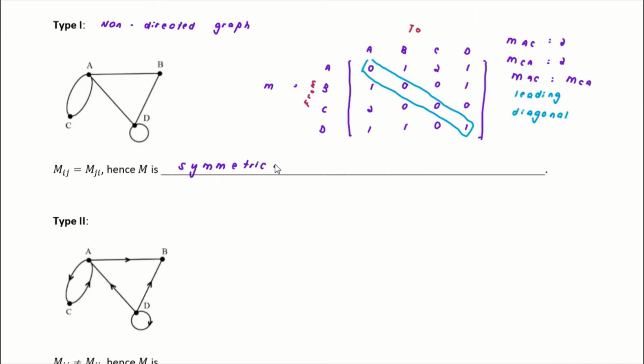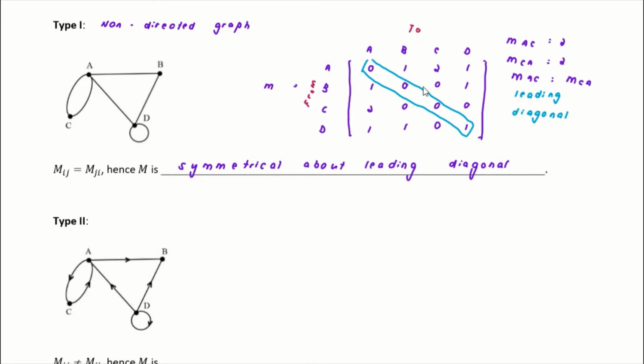Remember, please do not only write, if the question asks you to explain something like this, make sure that when you are writing down your answer, you write down the full thing. So it's symmetrical about the leading diagonal. Because when we talk about symmetrical, you are able to fold it in half, then you say that these matrices are symmetrical, right?